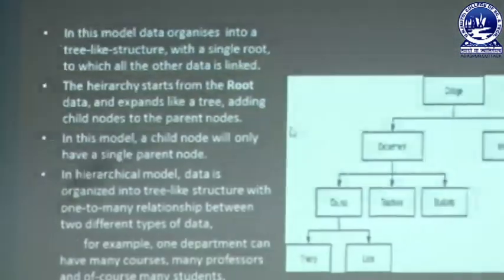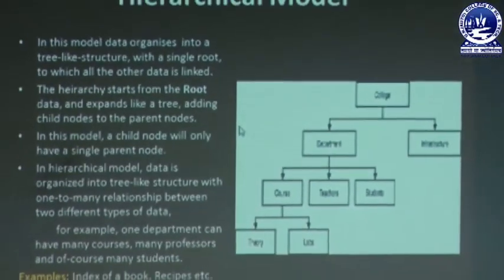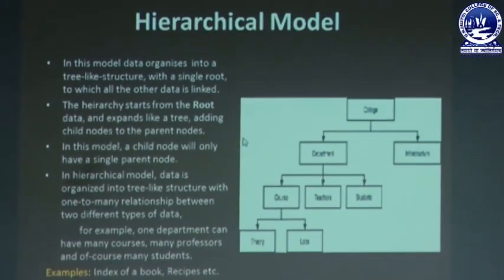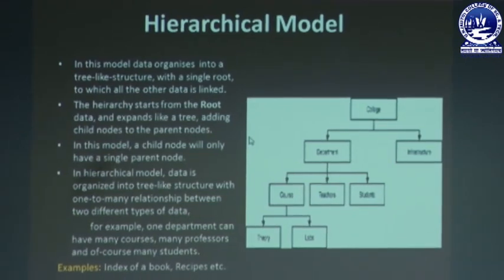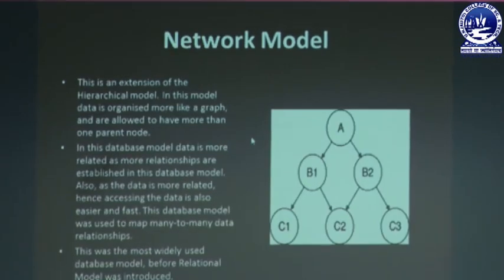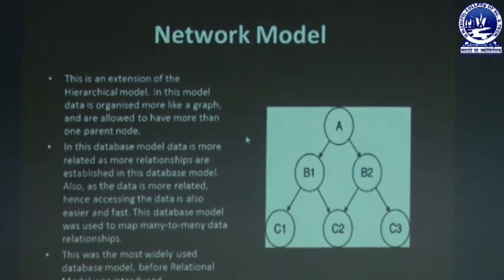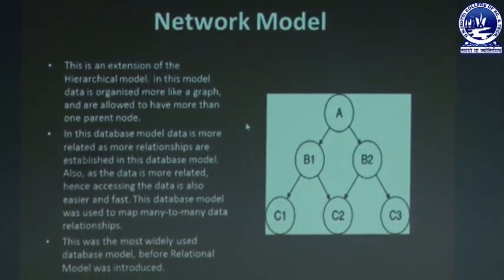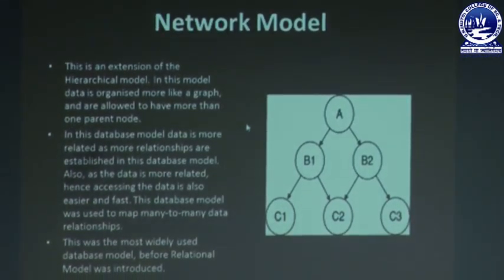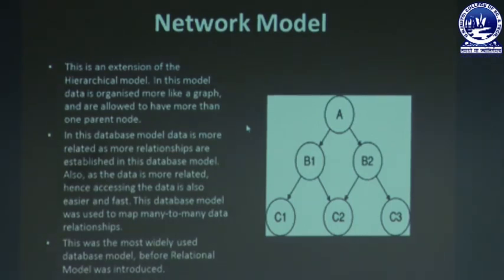Next, we have to know what the network data model is, and what the difference is between the hierarchical data model and the network data model. The network data model is the higher version, or extension, of the hierarchical data model. In this data model, the data is organized more like a graph, and a child is allowed to have more than one parent.